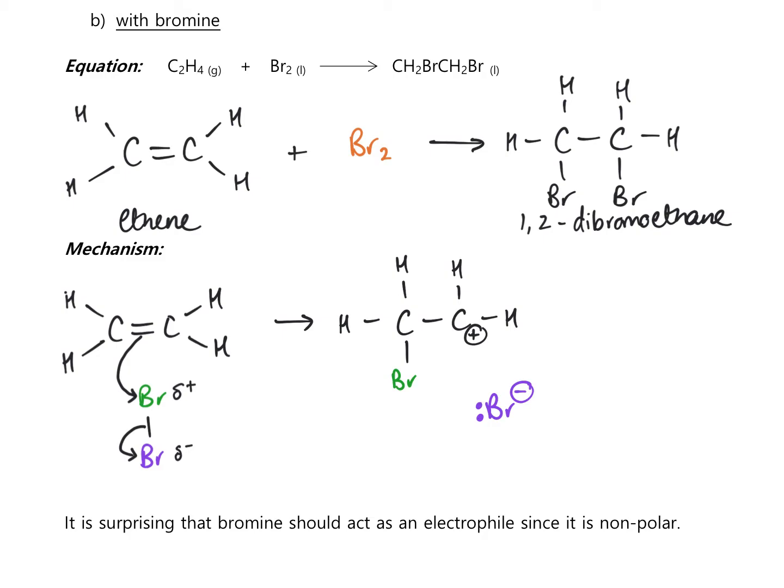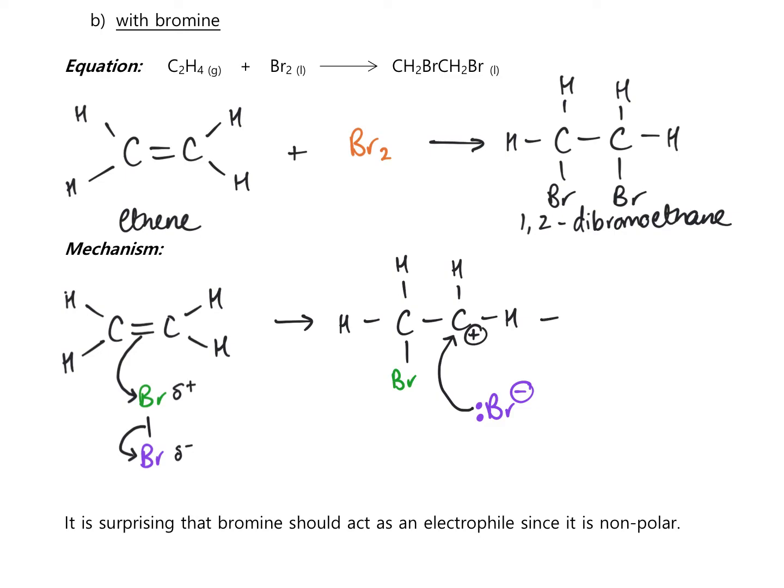And yes, it is. But what you've got to remember is that this arrow must show the direction of the electron. So instead, we want to draw the arrow this way, because the bromide ion is using its lone pair of electrons that it got from the first step of the bromine-bromine bond breaking heterolytically. It's using that pair of electrons to form a bond with the carbocation. So then a bond is formed between carbon and bromine.